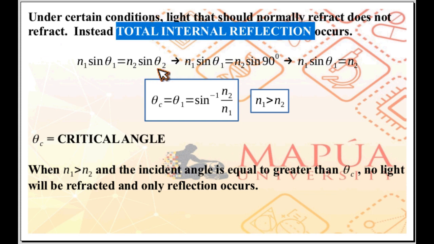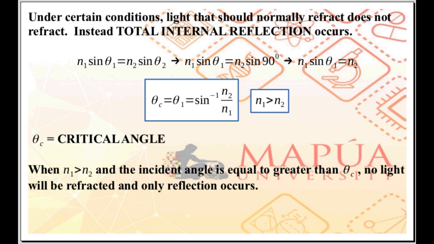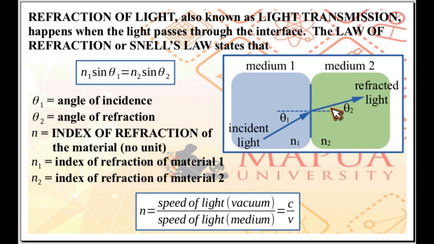There won't be any refracted light if we set theta 2 to 90 degrees. That is to say, no light will move to or pass through the interface and move into medium 2 if we set the angle of refraction theta 2 to 90 degrees.